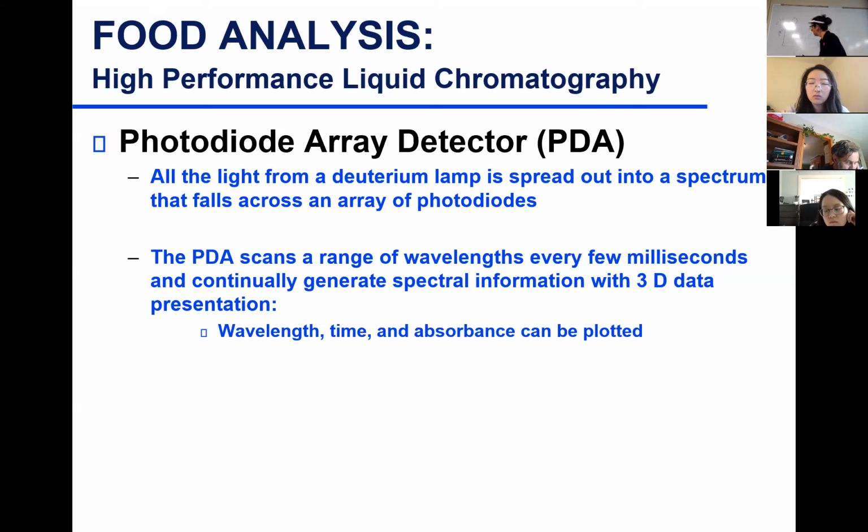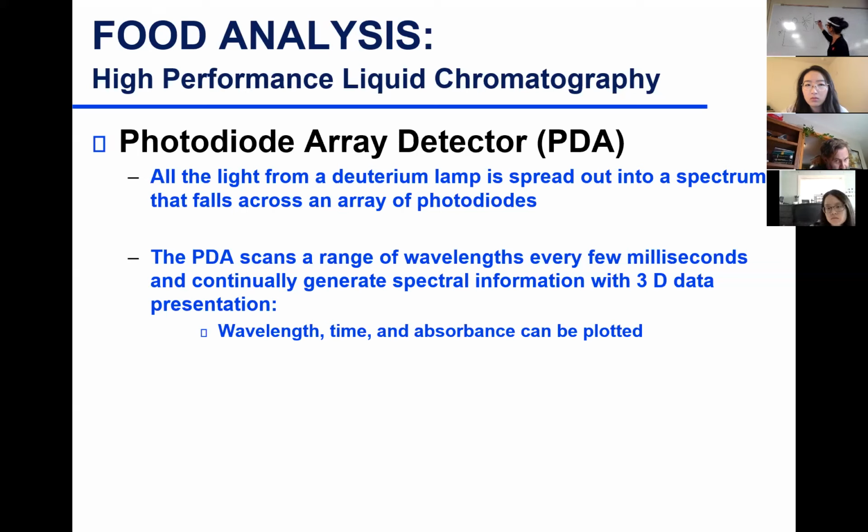So what you have is your lamp, you always have your source of light, whether it's tungsten or deuterium. And then instead of hitting the sample right away, it hits your prism or your grating that would diffract the light into multiple wavelengths, different lambdas. This whole system is called a monochromator. We'll talk about monochromator later.